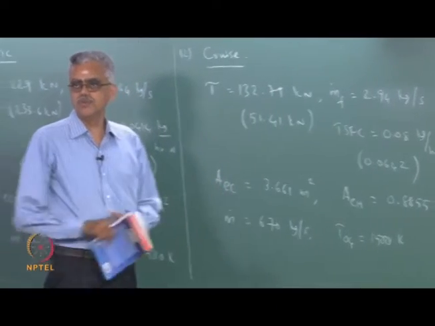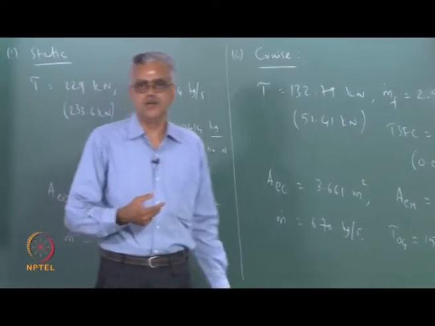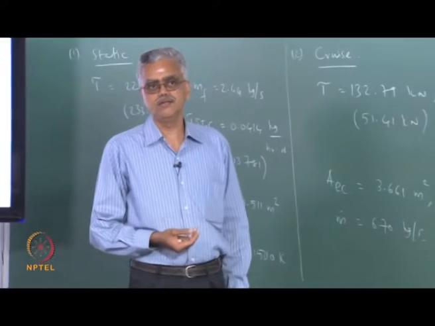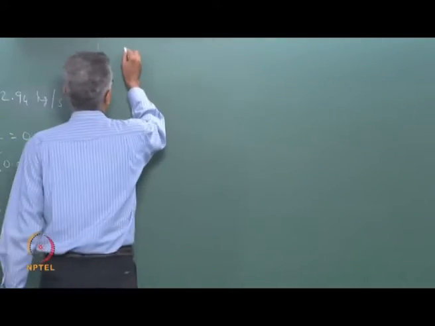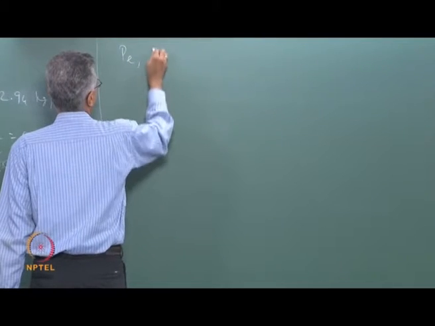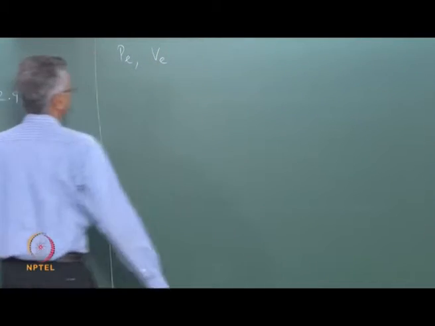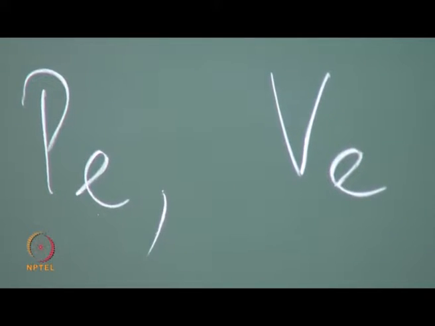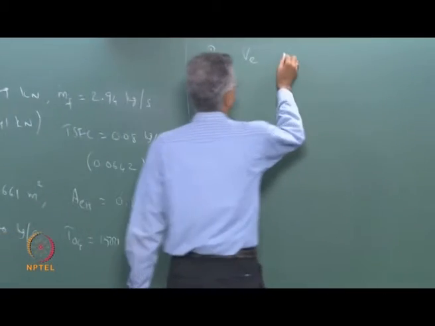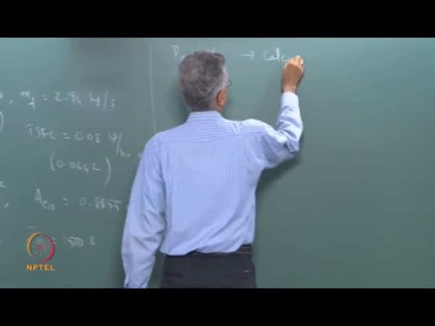So the first thing that we can do is try to adjust the mass flow rate. Now what you must remember is, if I change the mass flow rate, how many of the quantities that I have calculated are going to change. Remember, we finally wanted to evaluate the exit static pressure and the exit velocity. These are the two quantities that are used for calculating thrust.